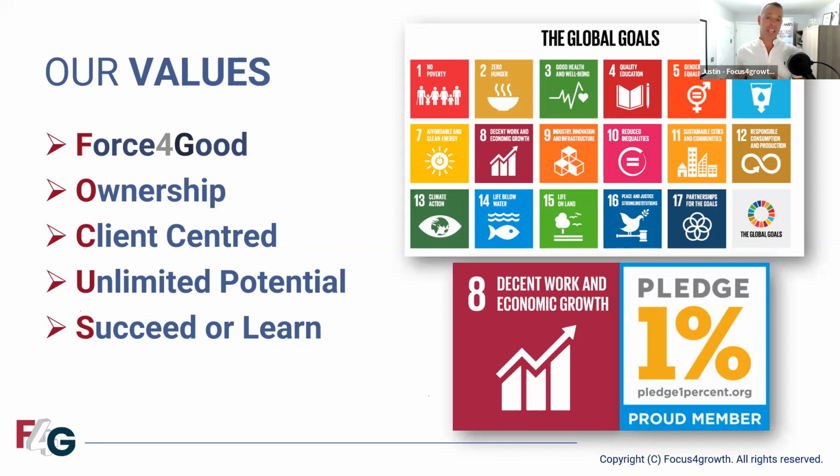The whole idea here is developed by world leaders to try and improve life on Earth for everybody, and these 17 goals are, in their opinion, the answer. So what they suggest is, as business owners or business leaders, what we can do is pick a goal that's particularly important or relevant for us and our business, and then become an advocate for that one goal. So I choose goal 8, which is decent work and economic growth.